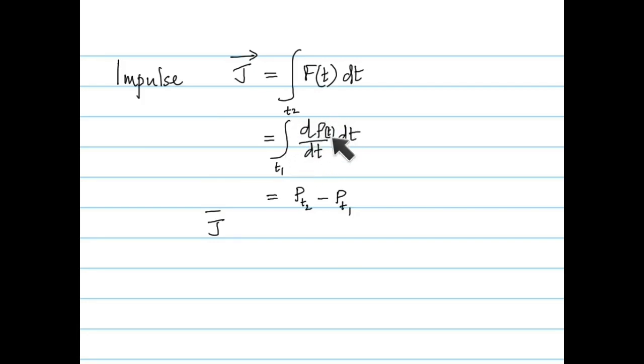What's integral dp? P. And then when you substitute the limits, what do you get? P at t2 minus p at t1, which is simply change in momentum, isn't it? Yeah. So impulse is also change in momentum.